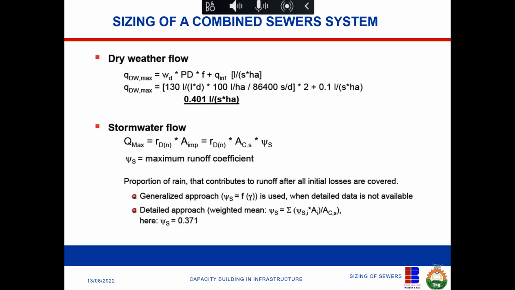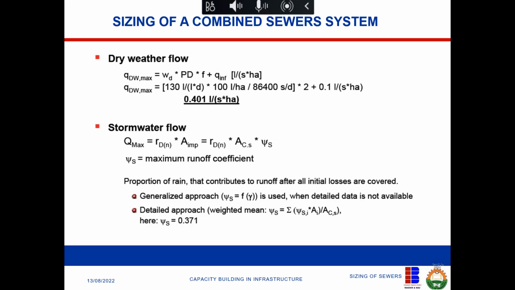So it means in this particular land use, for every 1 hectare per second, we're going to have 0.4 liters of wastewater coming out from these 100 persons. That's what it means. Because we don't know how many people we're going to design for, once we get the value for 1 hectare, we now multiply by the total number of hectares based on the attachments. We'll soon get there.